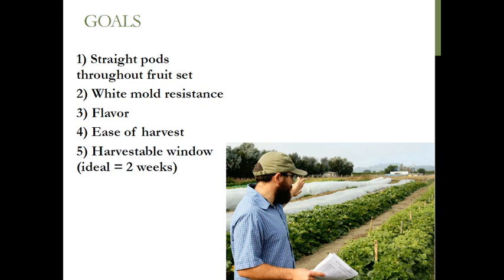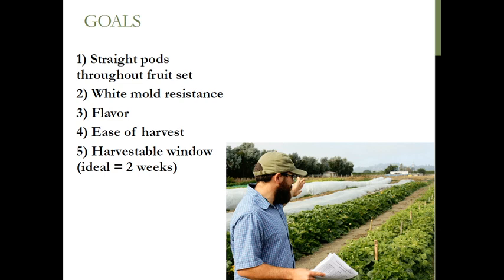What would a successful green bean variety look like? The top priorities were wanting beans that produce nice looking beans throughout the fruit set, so staying straight from early harvest through mid and late harvest, regardless of where they were in the harvest window.